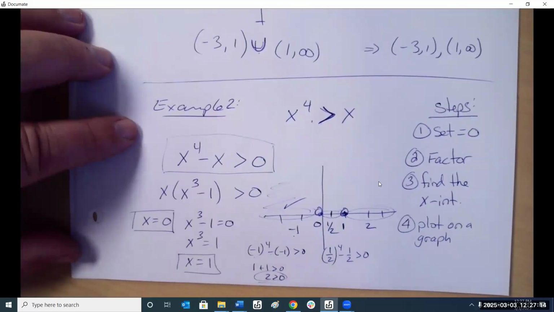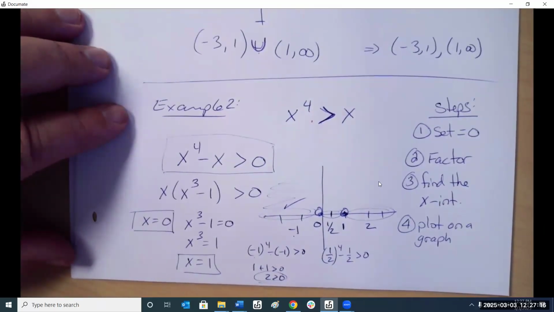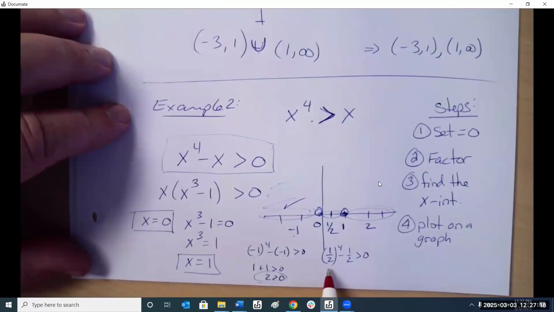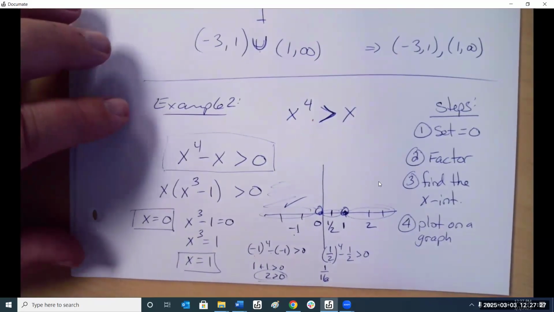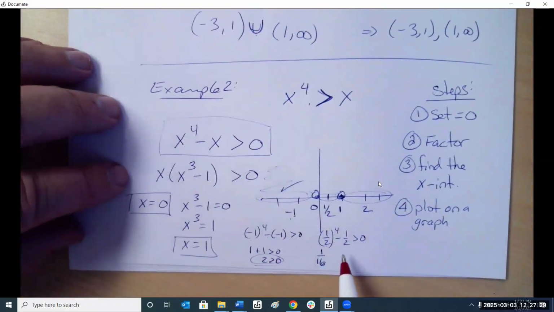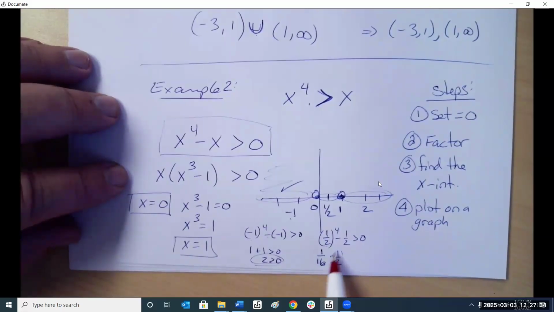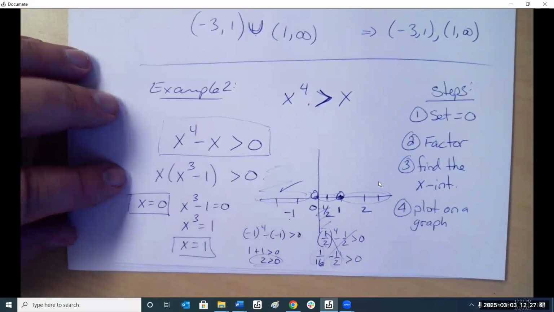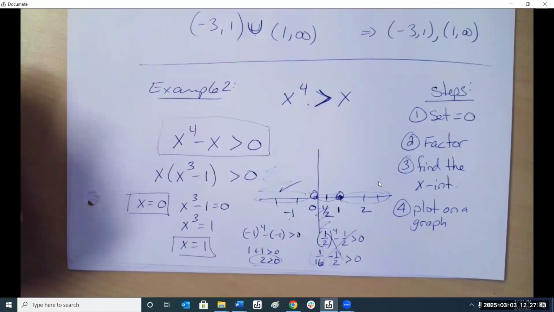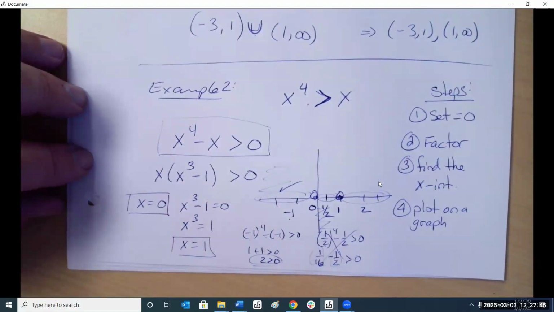What is 1/2 to the 4th? 2 to the 4th power is 16, so it's 1/16. Minus 1/2. So this number is bigger than this one, so this one's going to be in the negative realm. So this one's not going to work.